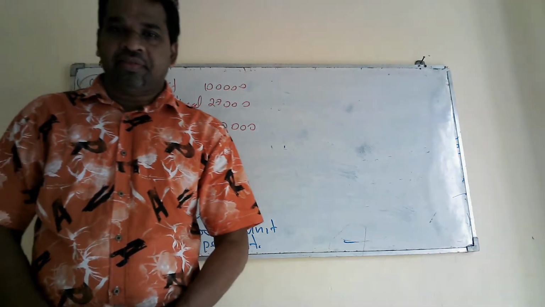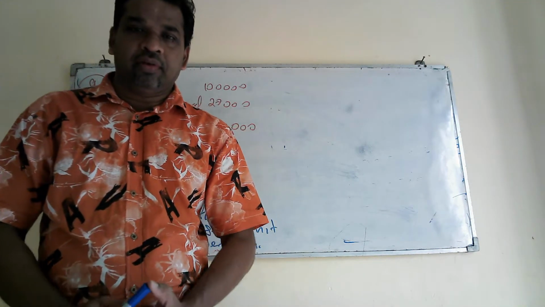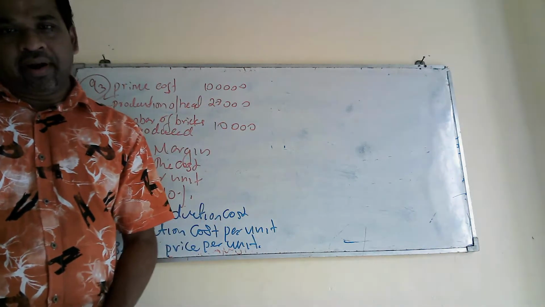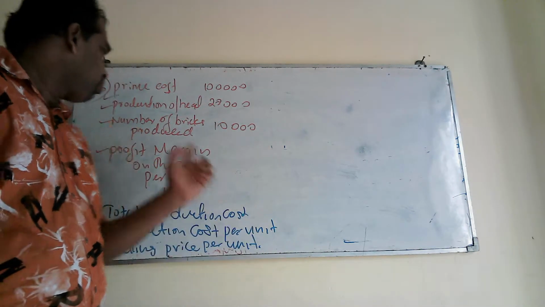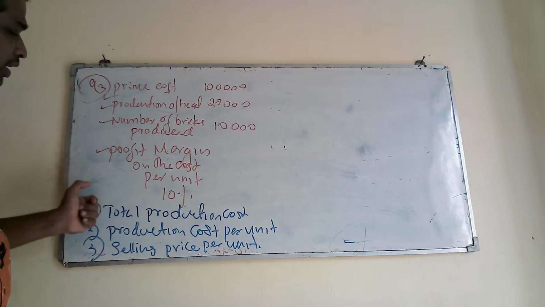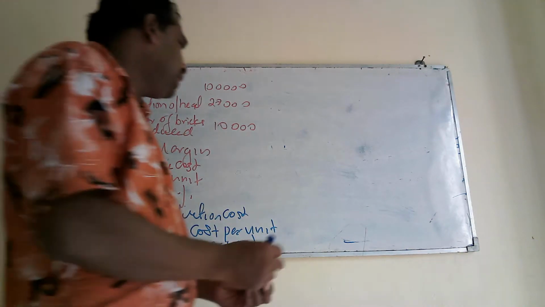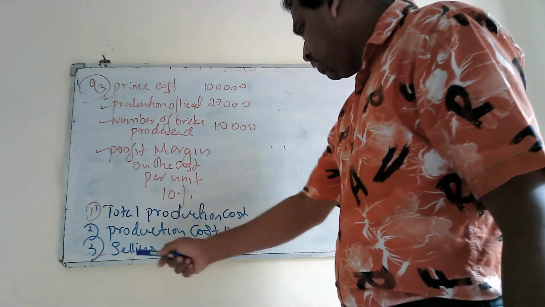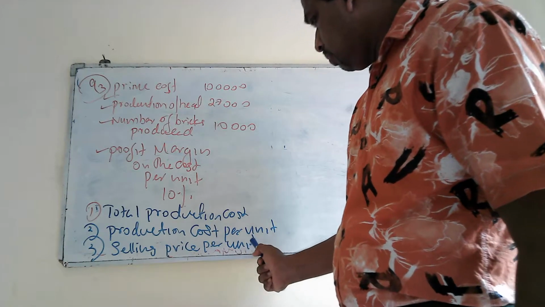Today I am going to discuss some questions related to manufacturing or statement of production cost. Here I have given some details related to a company regarding the statement of production cost. Finally you are asked to calculate total production cost, production cost per unit, and selling price per unit.